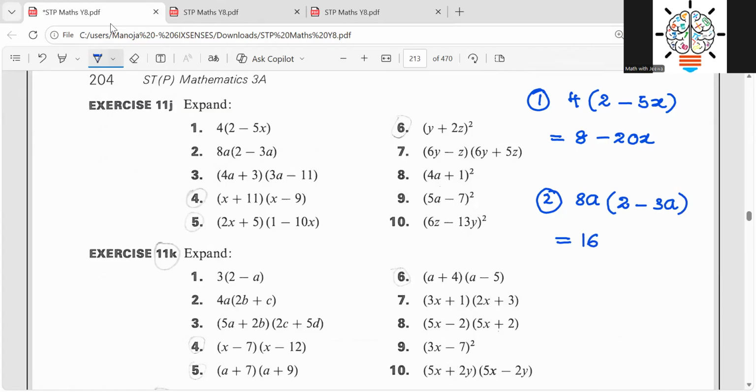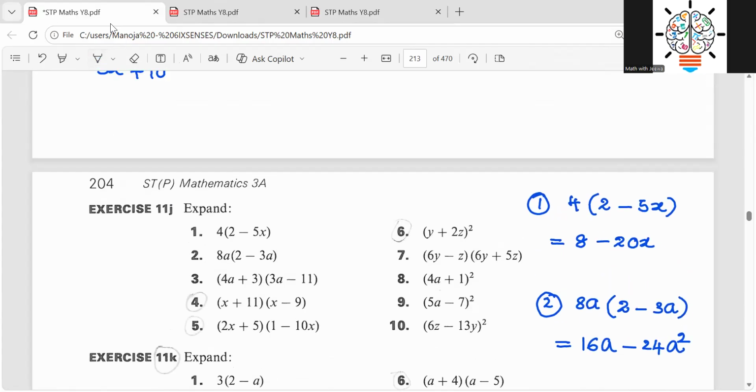Then for a, you don't have anything, so you just write a here. 16a. 8 times negative 3, negative 24. a times a squared. So that is how you write the answer.